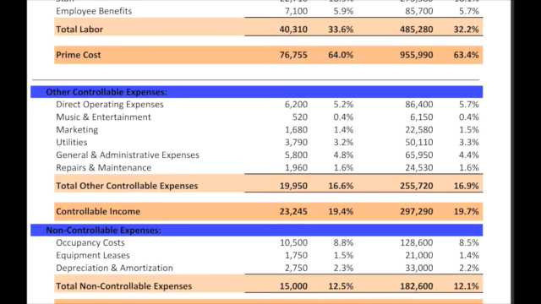Next, let's take a look at, in between the blue lines, we've got our other controllable expenses. Now, some of this, again, is new language. Sometimes you might have heard this as fixed cost, but oftentimes some people would debate, how is this a controllable expense? I have to have these direct operating expenses. I have to have music and entertainment. I have to have marketing. Yes, all of that is true.